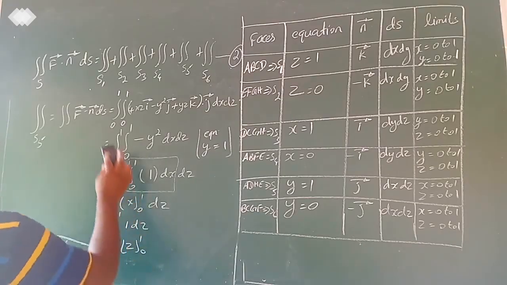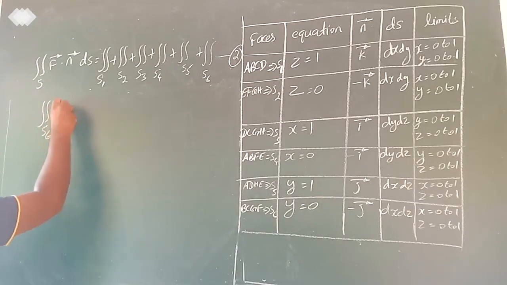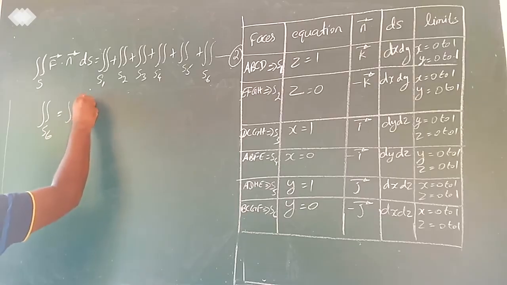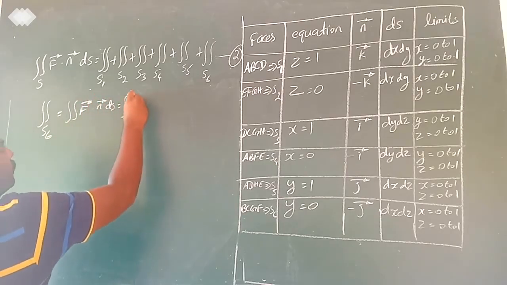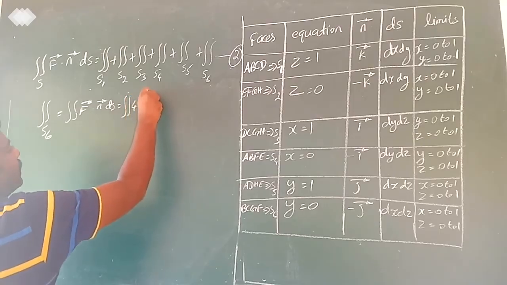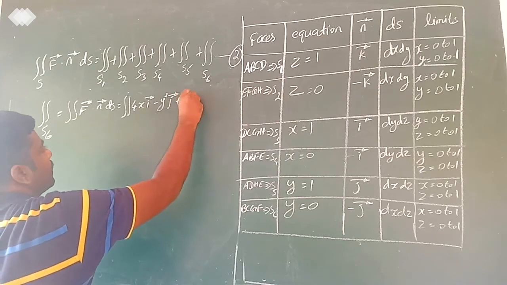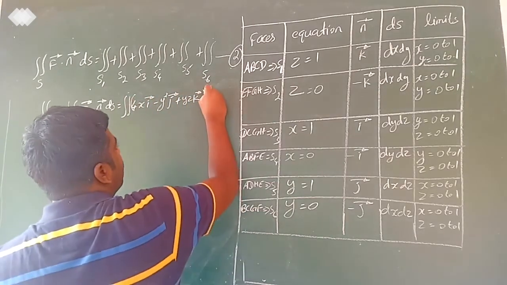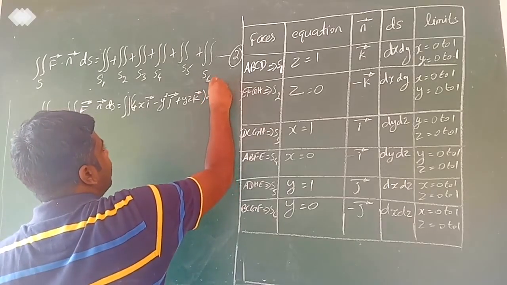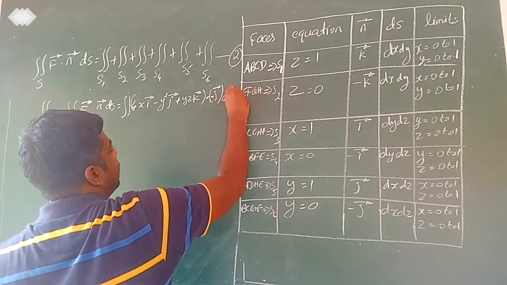And the final step, the double integral over S6 equals the double integral of f vector dot n vector dS equals the double integral of 4x i vector minus y squared j vector plus yz k vector. N vector equals minus j vector and dS equals dx dz.